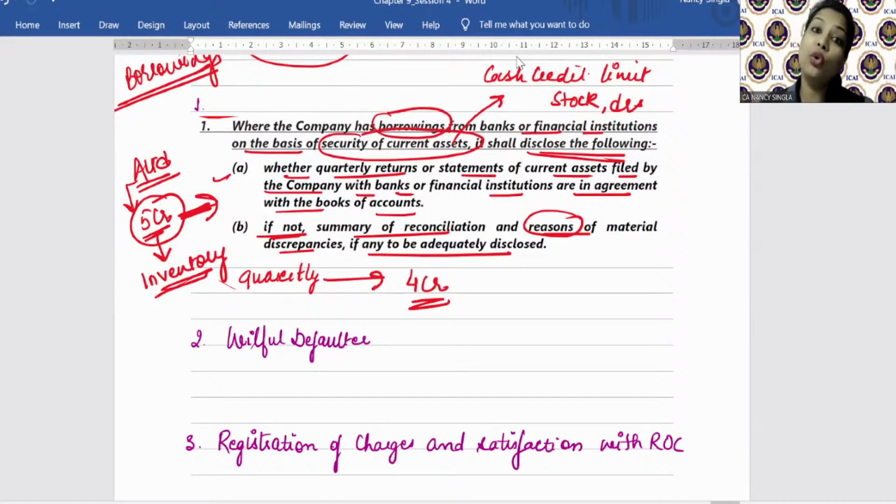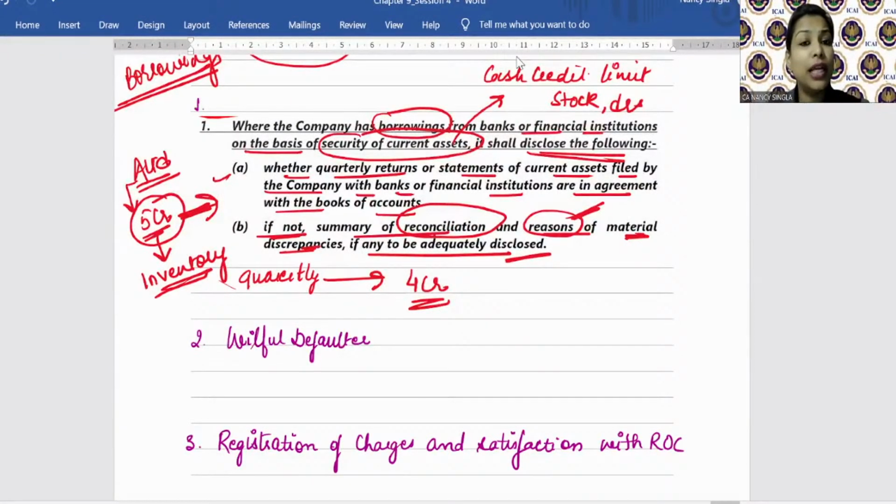अब देखो कंपनी खुद से ही ये डिस्क्लोज करेगी कि देखो there is a discrepancy, and if there is a discrepancy, a summary of reconciliation and the reasons for material discrepancy, if any, is to be adequately disclosed. So now there is a responsibility on the company itself to disclose if the quarterly returns are not matching with the figures appearing in the financial statements, and what are the reasons for the material discrepancies.